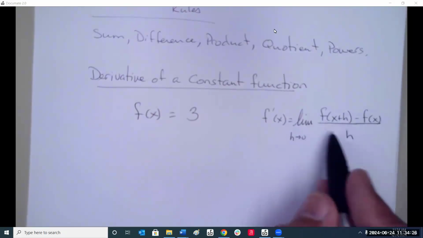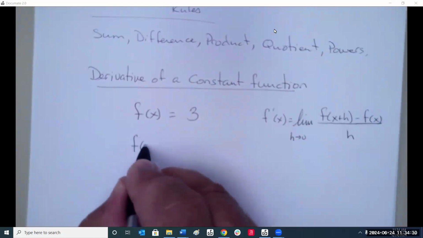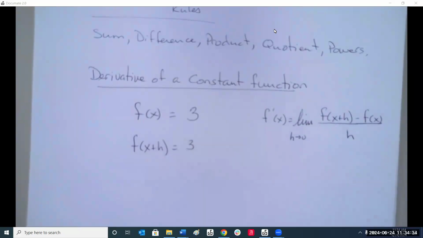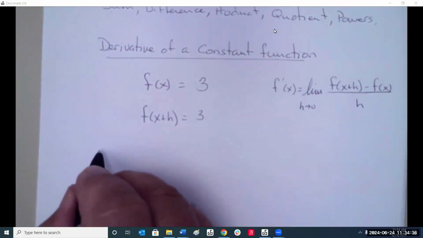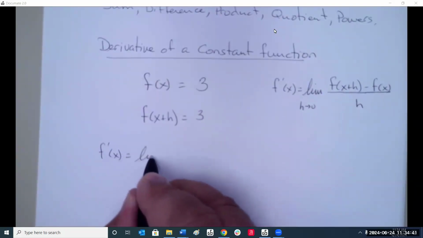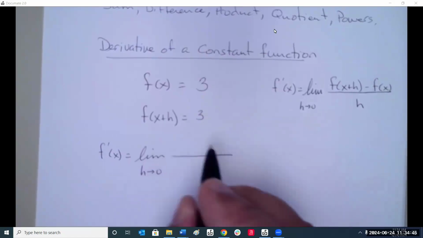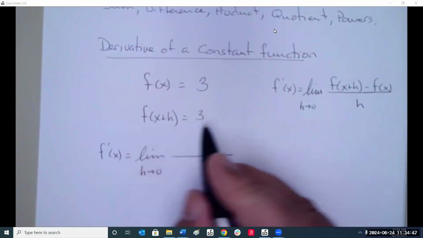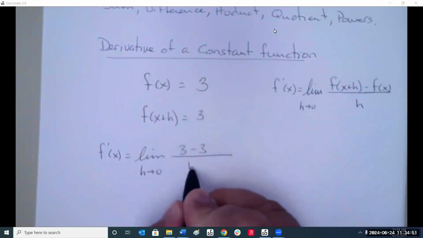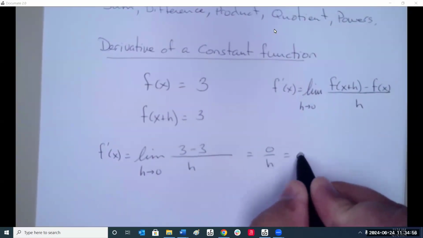If we did that, x plus h would still be 3. So the limit as h approaches 0 of f of x plus h minus f of x over h is 3 minus 3 over h, which is 0 over h, which is 0.